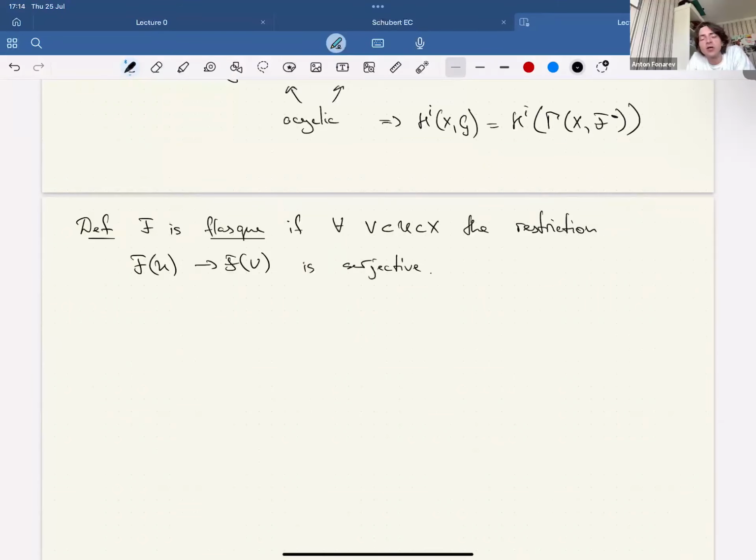So it means that you can always lift a section from a smaller open subset to any larger open subset. So there are plenty of sections. You can always lift them up.